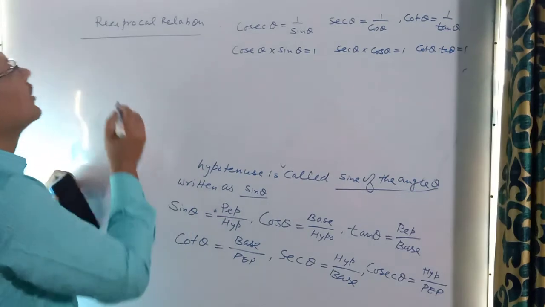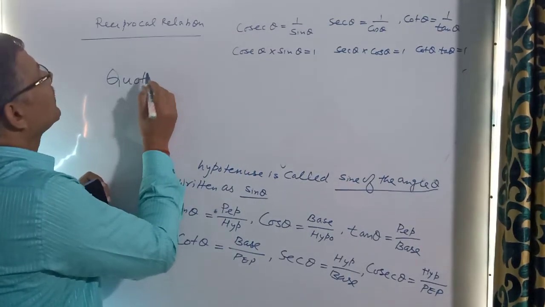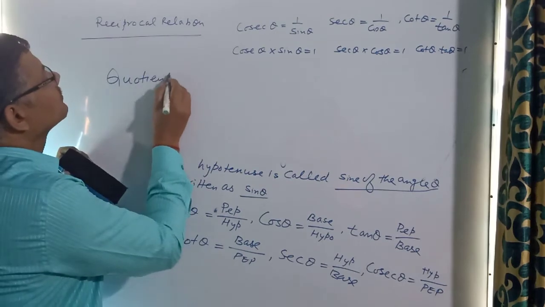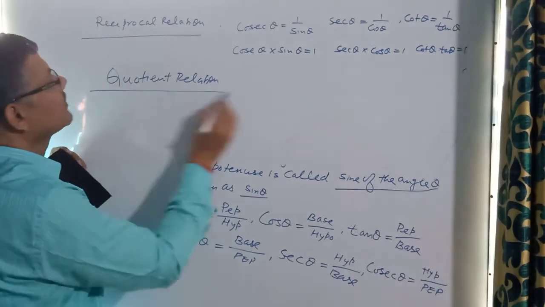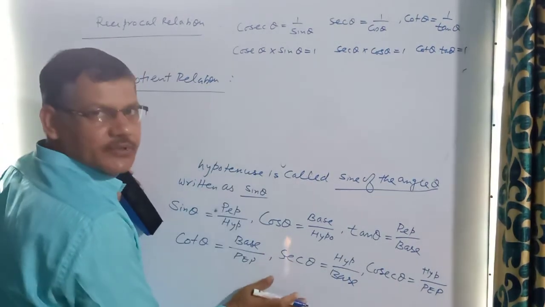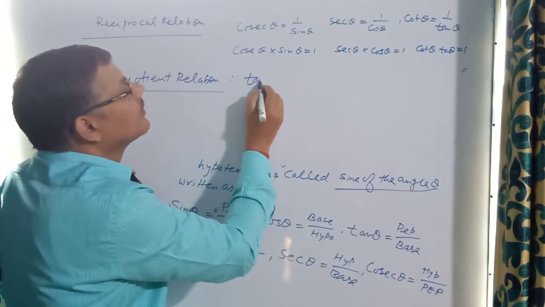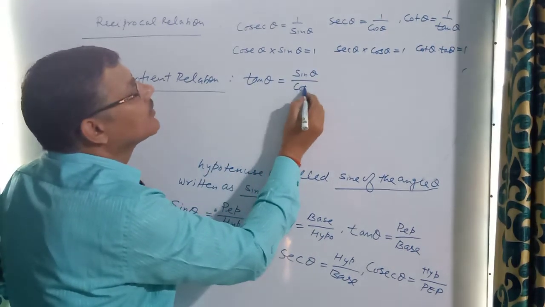Okay, one more relation is there, that is called the quotient relation. What about the quotient relation? From this definition only, tan theta is equal to sin theta by cos theta.